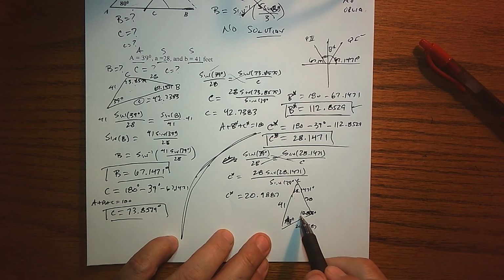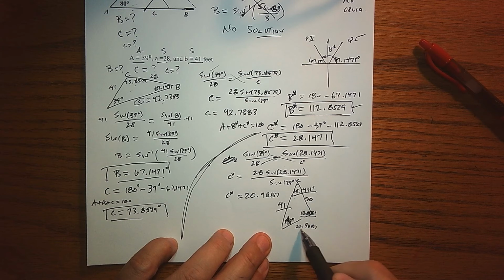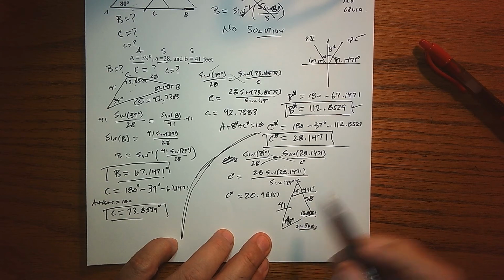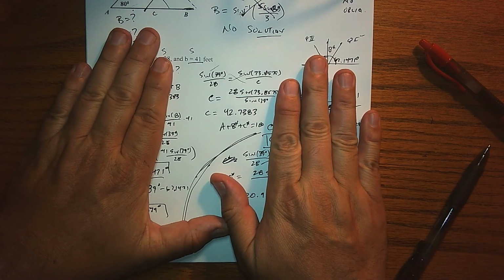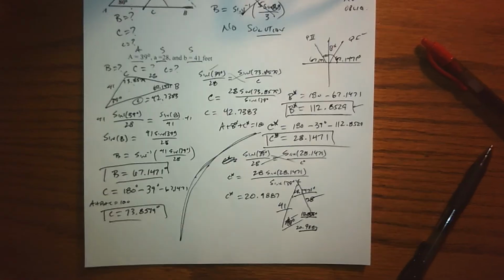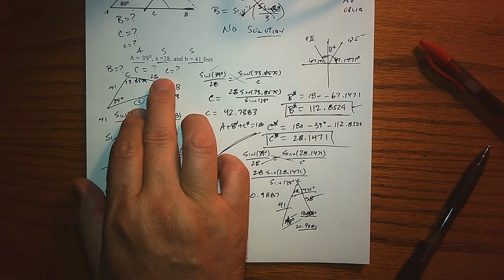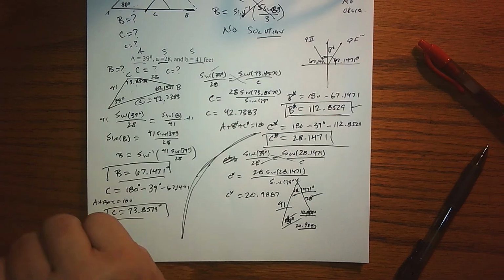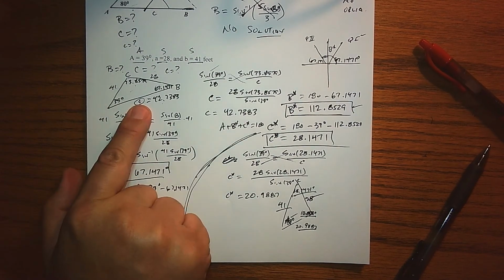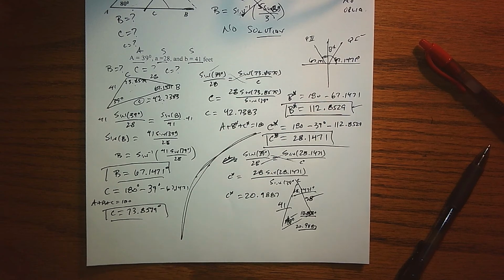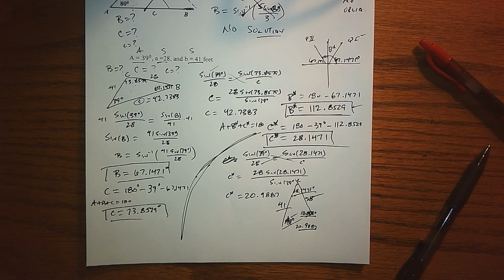So the largest angle has the largest side, the smallest angle has the smallest side, that's 28, and the intermediate angle has the intermediate side. So there's two possibilities then for this situation. So if we have a given angle of 39 and a side of 41 and a side of 28, then there's two possible answers. This answer here with the B, C, and little c, or this one over here with the B star, the C star, and the little c star. So that one had a twofer.